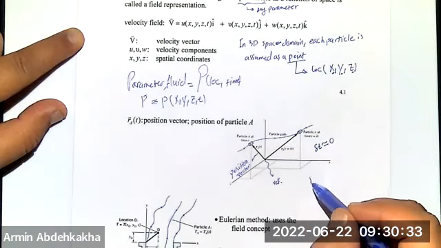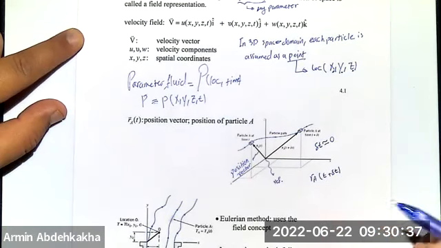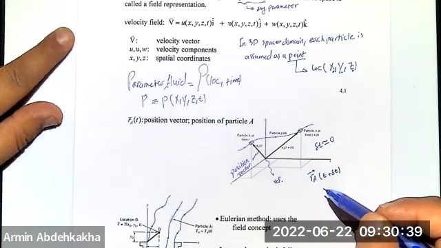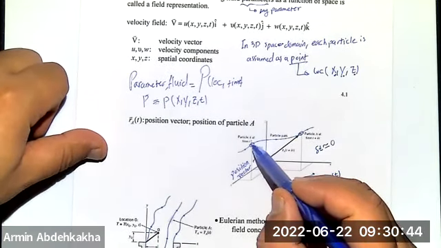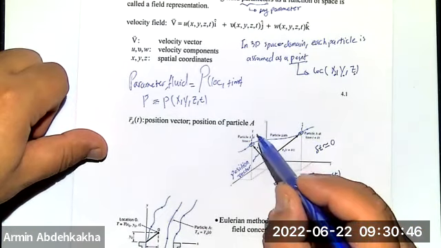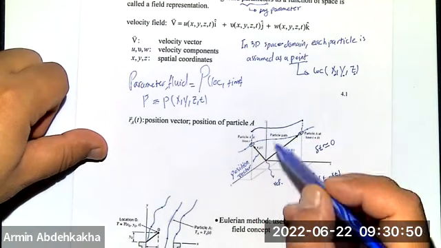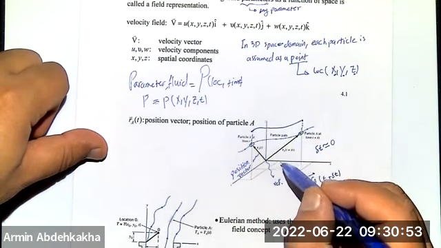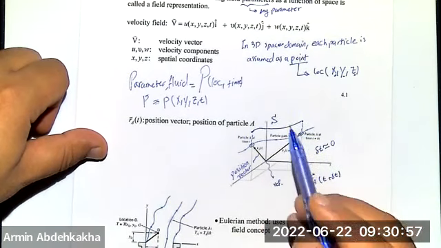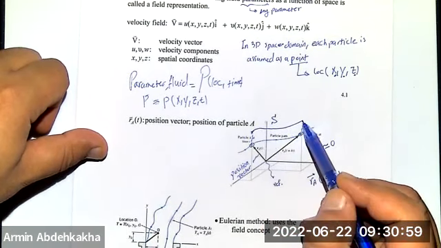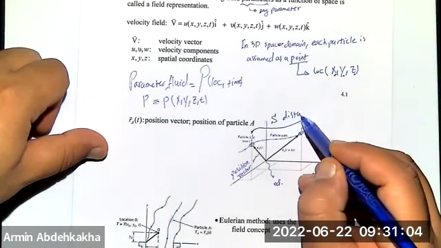Which is r_A at t plus delta t, and it's also a vector. I write it here, with a shape like this. How much distance is going to pass by the particle? It's going to be s, right? It's the length, or distance, that passes by the particle.